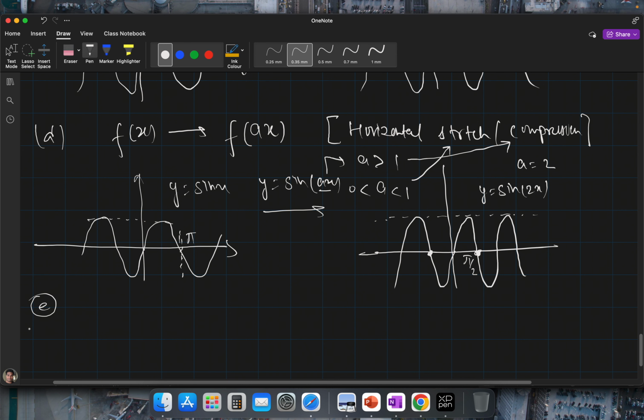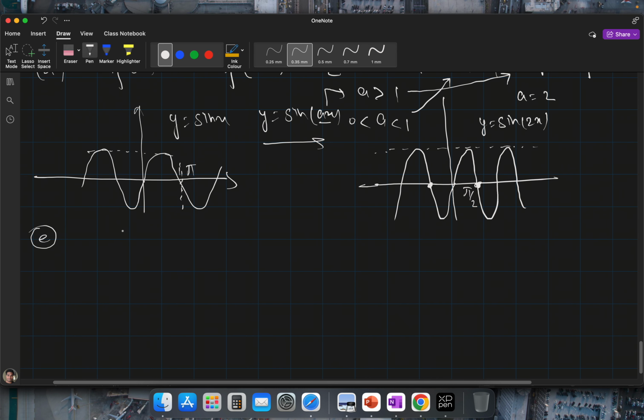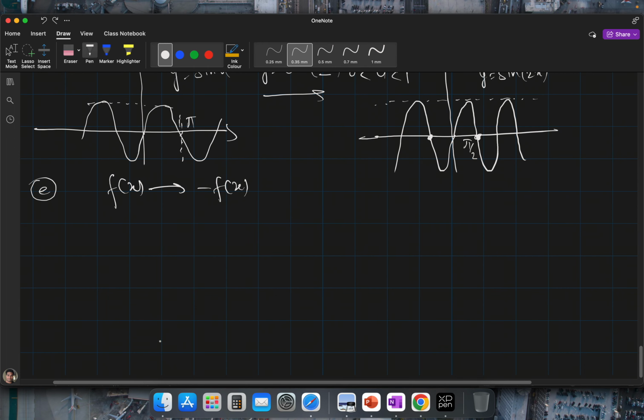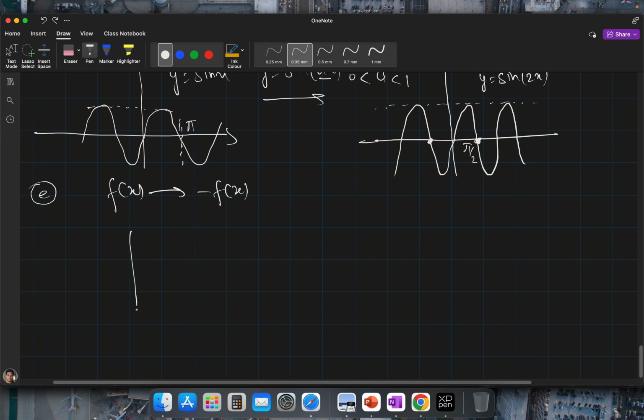Now let's move to another case. If I want to change f(x) to minus f(x), then what will happen? Consider I have a graph like this. This is the graph of f(x).